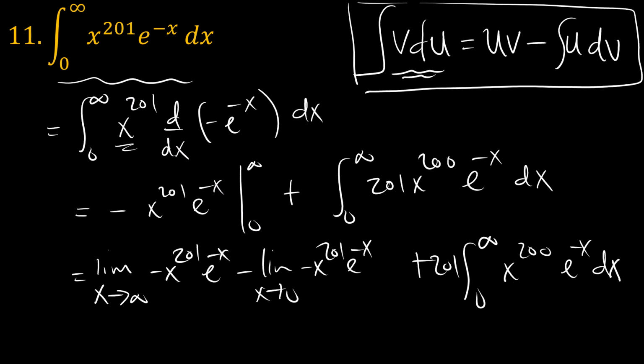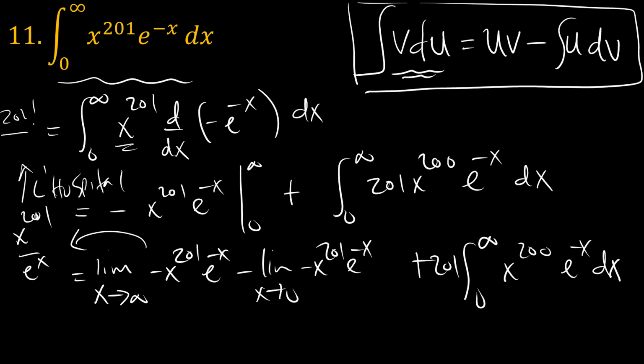As x tends to infinity, you could express this as x to the power 201 over e to the x, and you realize that both the numerator and denominator tend to infinity, and then you could use L'Hopital's rule. Take the derivative of the numerator over the derivative of the denominator, and you continue doing that until you get to a point where you realize that this tends to 0.